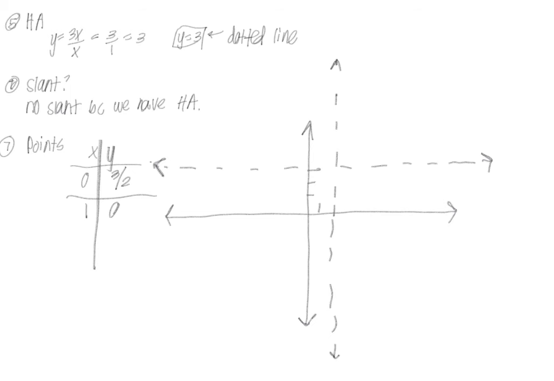I already know that we have a point at 0, 3/2. So 3/2 is the same as 1.5, which is right here. That's our y-intercept. And then there's a point at 1, 0, which is right here.